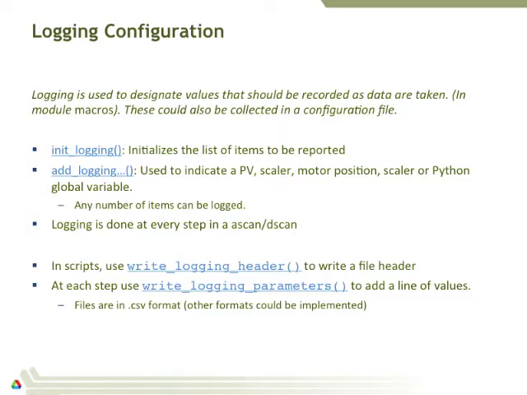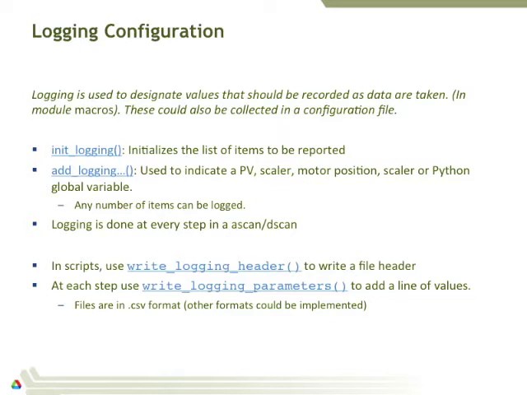You may want to directly access scalar channels without having to specify the scalar PV, motor positions, variables in your script, things like that. So you can specify the things you want logged with a bunch of Python statements. And then those things will automatically get logged when you run ascan or dscan, which we'll come back to.